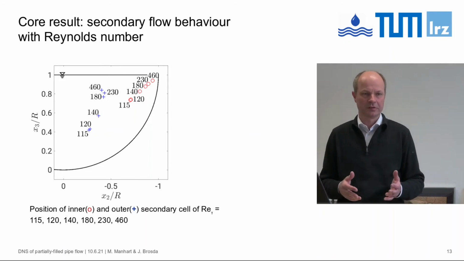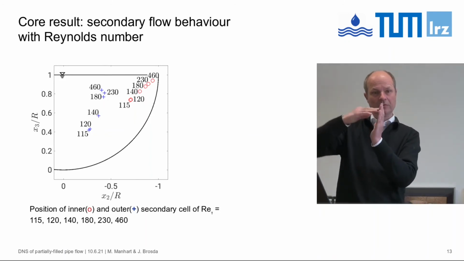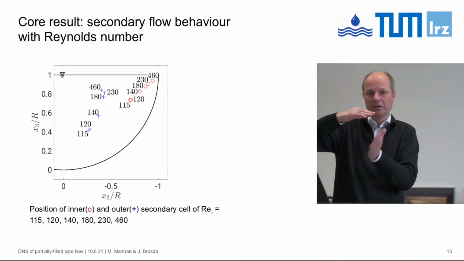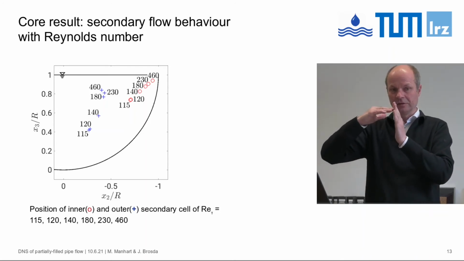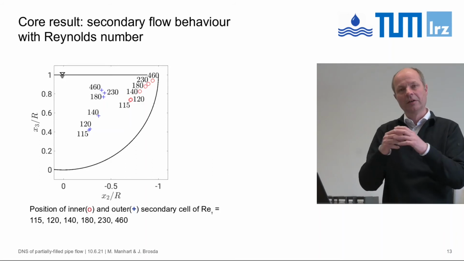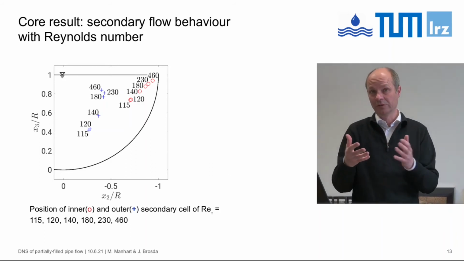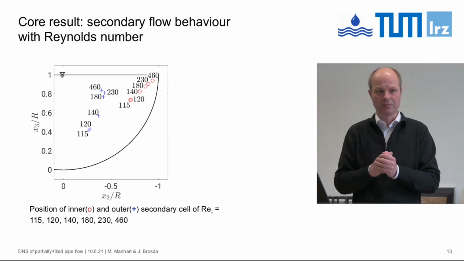So these results show the importance of these inner vortices, which emerge in the corner between the pipe and the free surface. And we see here that the size of these vortices is shrinking with increasing Reynolds numbers. Therefore, these vortices are more and more difficult to be detected in an experiment.